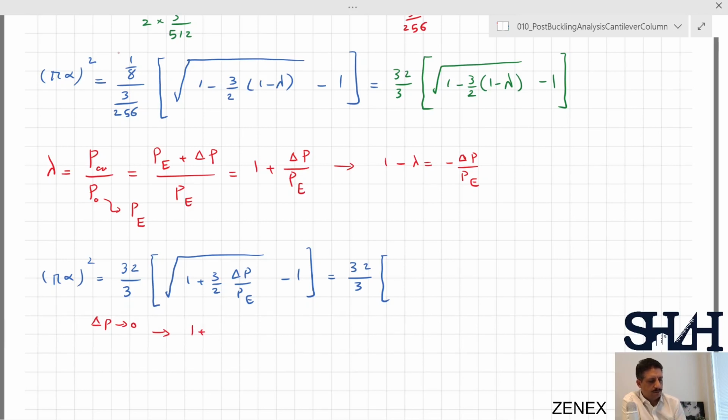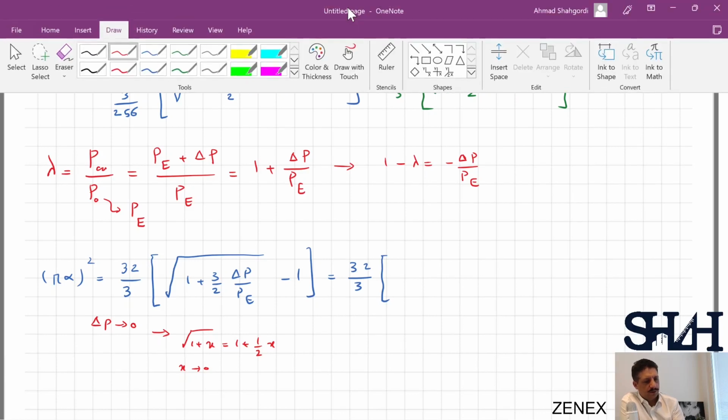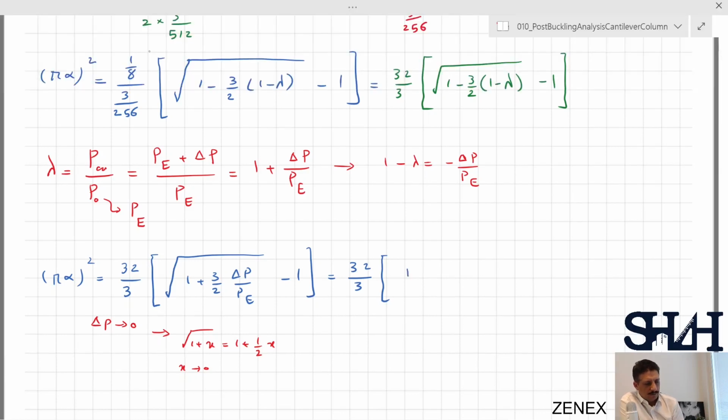Square root of 1 plus x is 1 plus 1 over 2 x when x approaches 0. So it will be 32 divided by 3, 1 plus 3 over 4 delta P over PE minus 1, which is 8 delta P over PE.